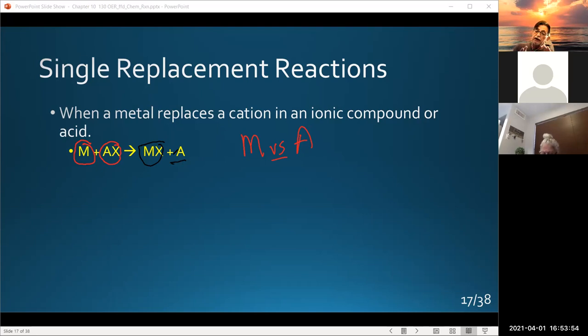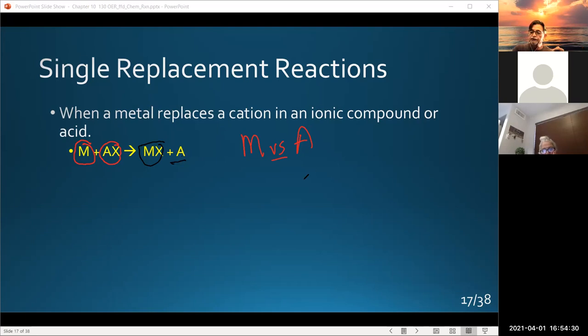The ionic metal now has been replaced by the other metal. And that ionic metal now is an element. It's a solid metal by itself. I used the example of plating. That's how plating is done. If you want to plate some metal on the surface, you start off with that metal in solution as ionic metal, and then you plate it onto a surface, which converts that metal into elemental, into a solid metal.